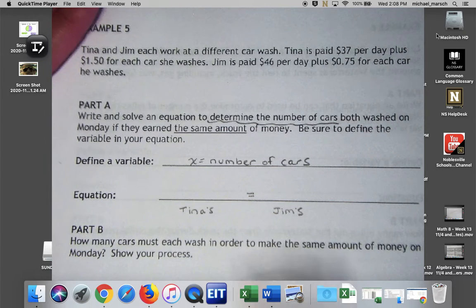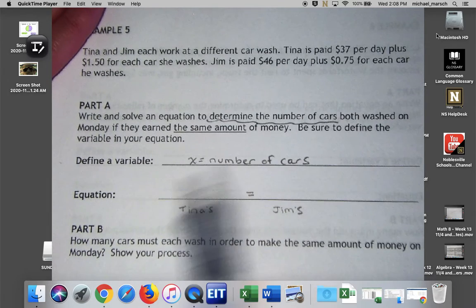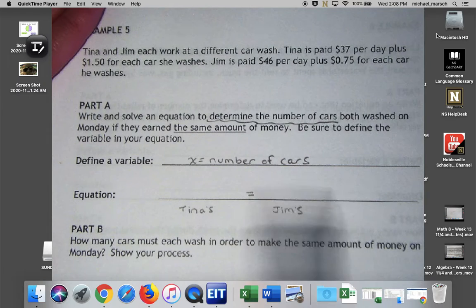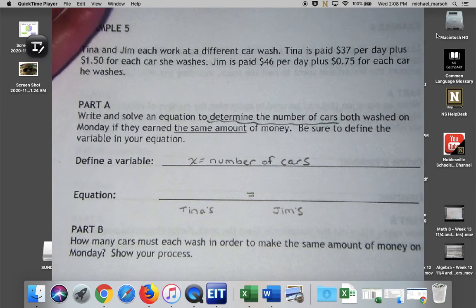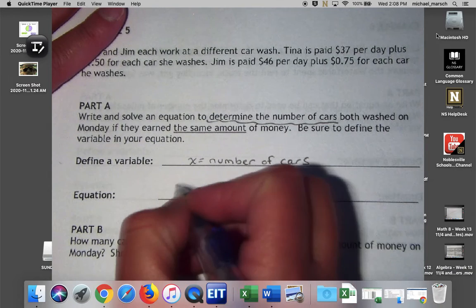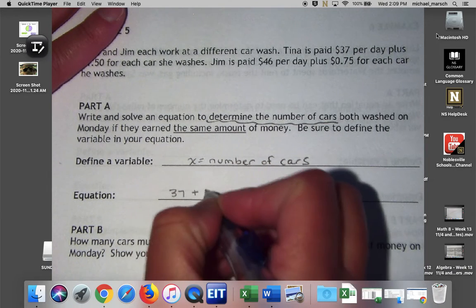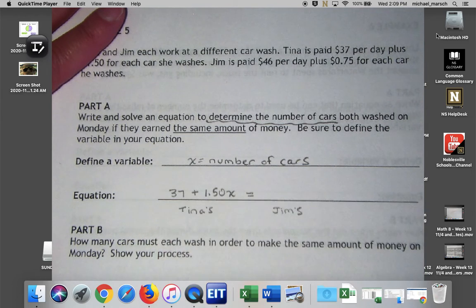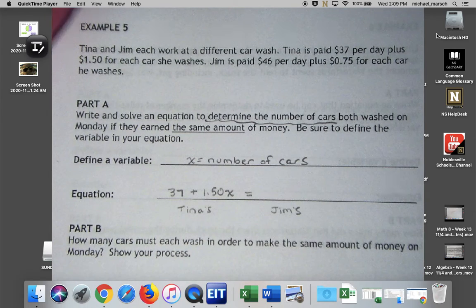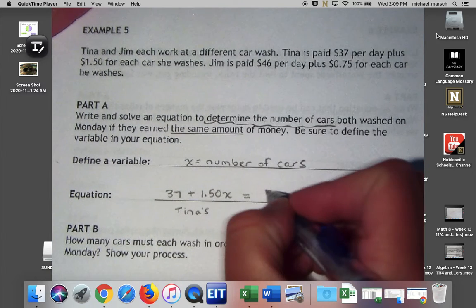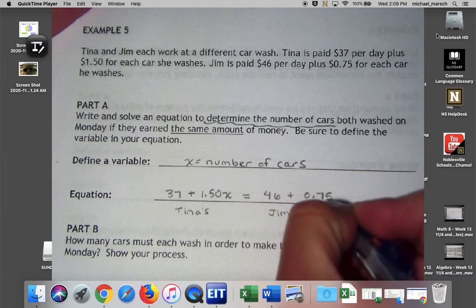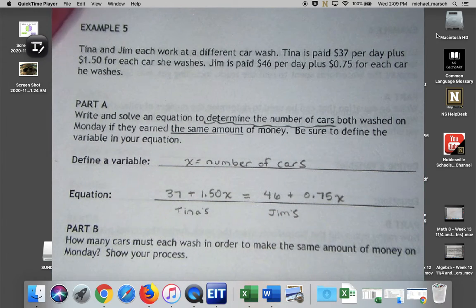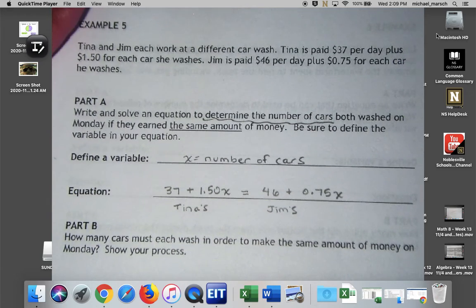Because we want to see what X will be if they made the same amount. So we're going to set their payment situations equal to each other. So for Tina, she gets $37 a day plus $1.50 per car. And then Jim makes more per day, 46, but makes less per car. Okay, so there's our equation.